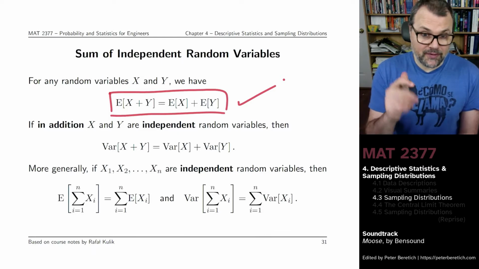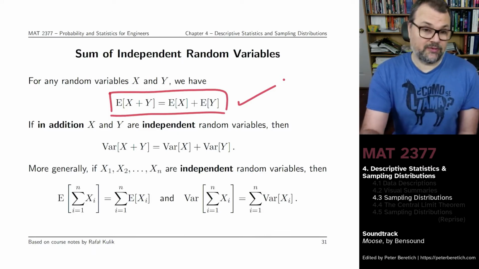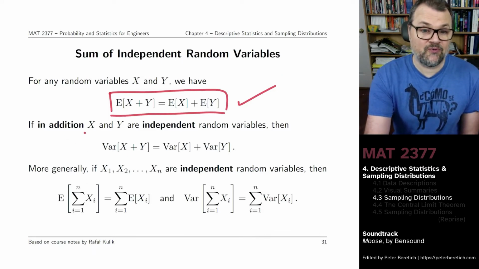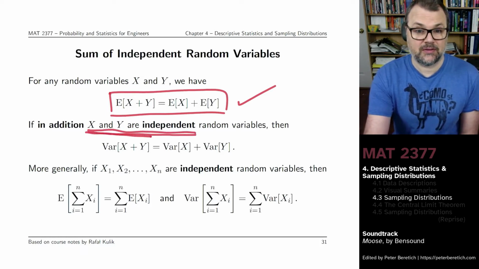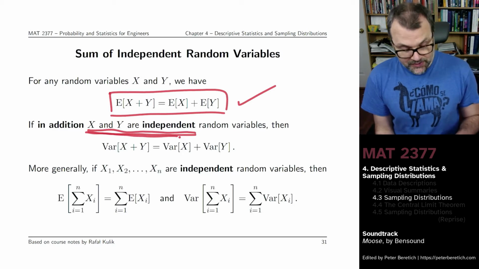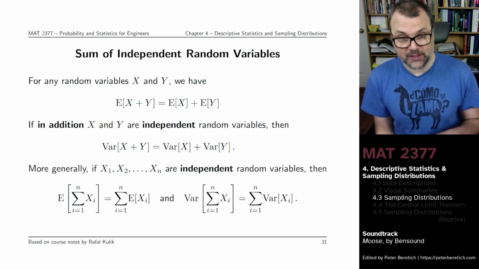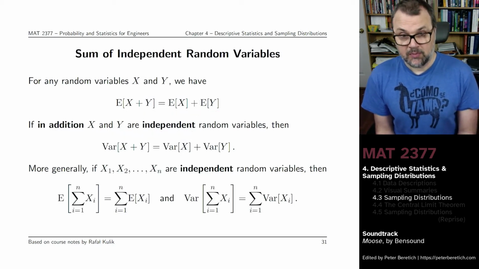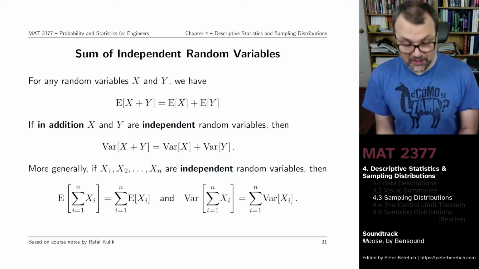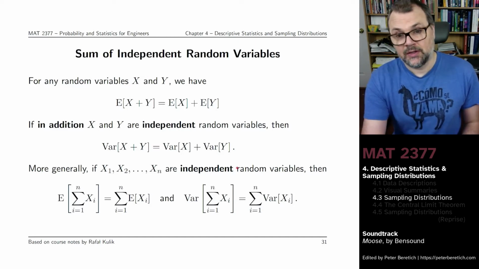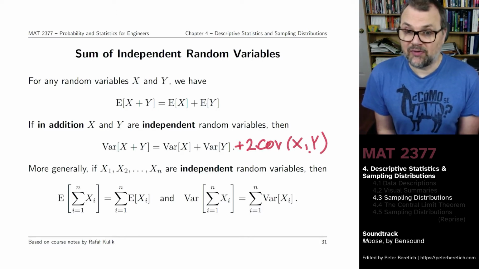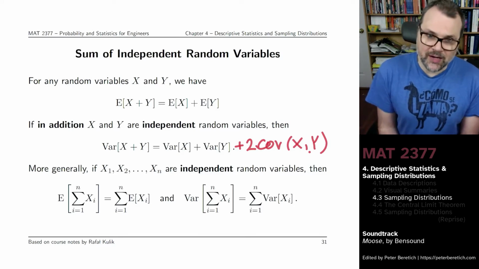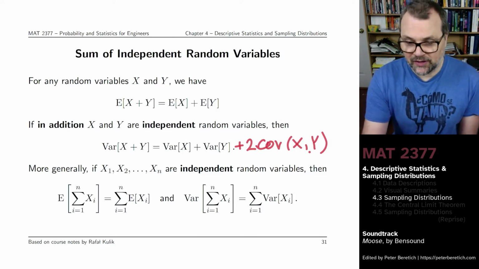If on top of that, and only on top of that, your random variables are independent, then the variance of the sum is equal to the sum of the variances. But that's only the case if they're independent. If they are not independent, there's an added term here: you have to add twice the covariance of X and Y. When it turns out that the variables are independent, the covariance is 0.